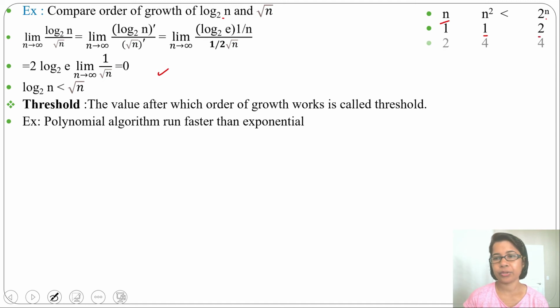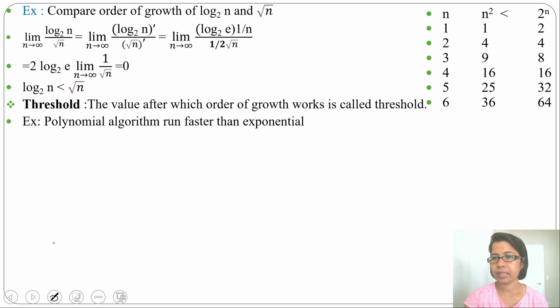If n equals 2, then 2 square is 4, and 2 power 2 is 4. When n equals 3, 3 square is 9, 2 power 3 is 8. When n equals 4, 4 square is 16, 2 power 4 is 16. When n equals 5, 5 square is 25, 2 power 5 is 32. When n equals 6, 6 square is 36, 2 power 6 is 64.